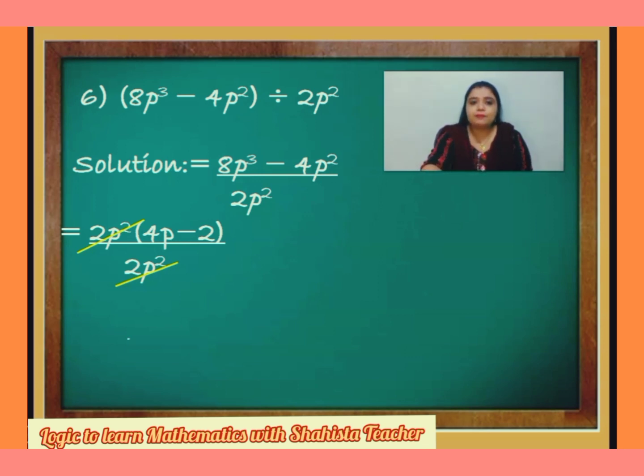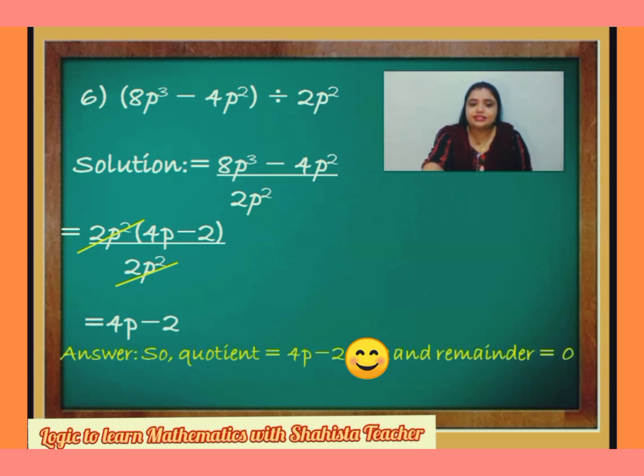So 4p minus 2 is the final answer. Quotient is 4p minus 2 and remainder is equal to 0. Is that clear? 4p minus 2.